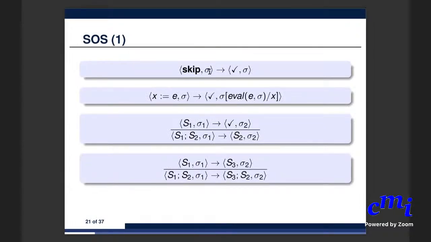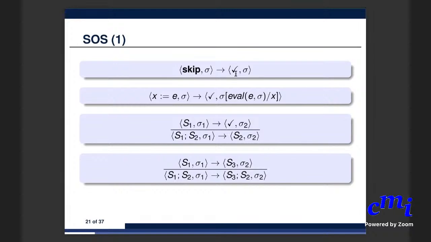So skip. Given an arbitrary environment sigma, after executing skip, it results in this configuration. Because skip is a primitive command, you will terminate, and there's nothing more to execute after that.